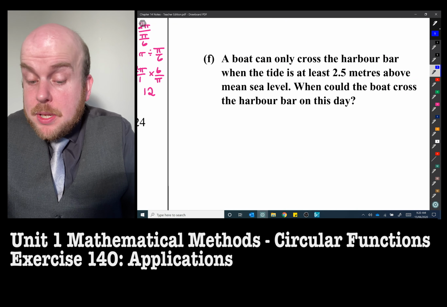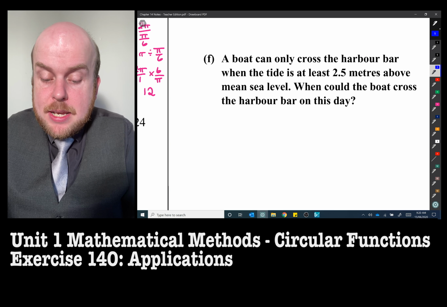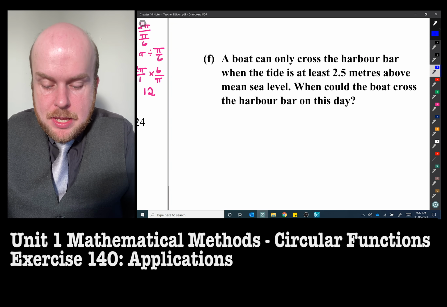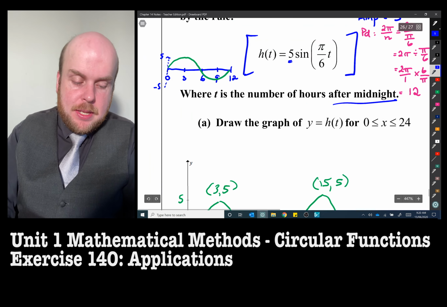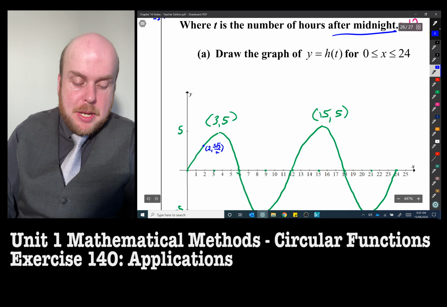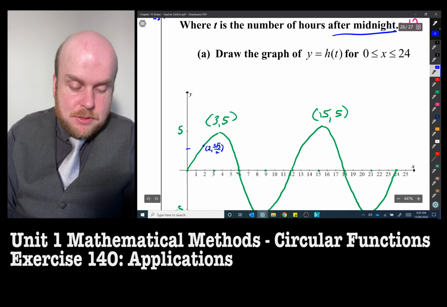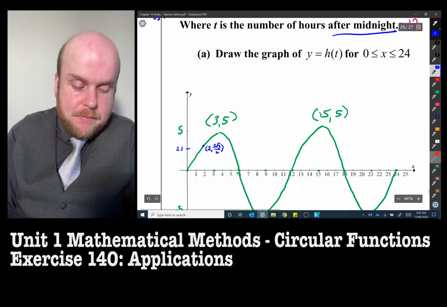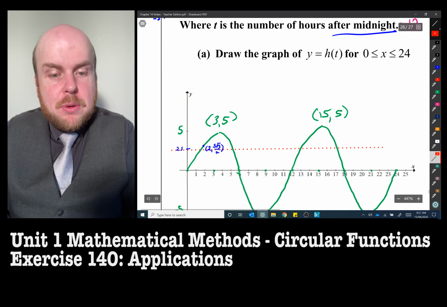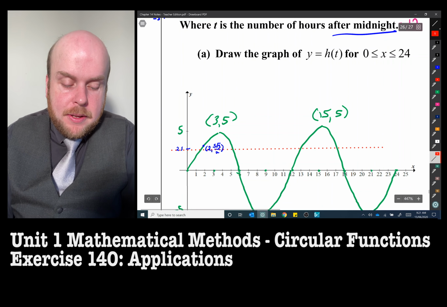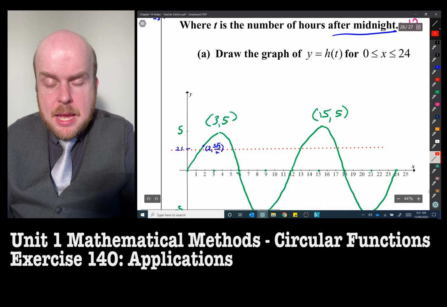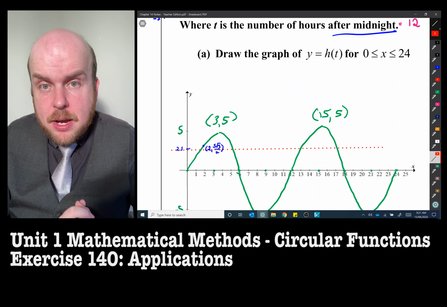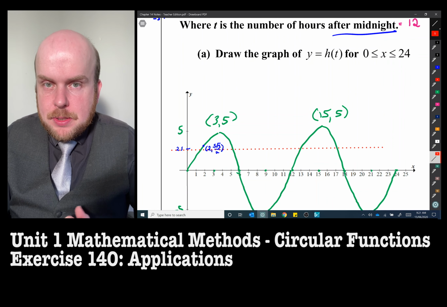A boat can only cross the harbour bar when the tide is at least 2.5 meters above mean sea level. When could the boat cross the harbour bar on this day? From a picture point of view, if that's 5, 2.5 would be about here. What the question is asking is, if the boat can only be on the water at times above that red dotted line that I've drawn, what times are those?